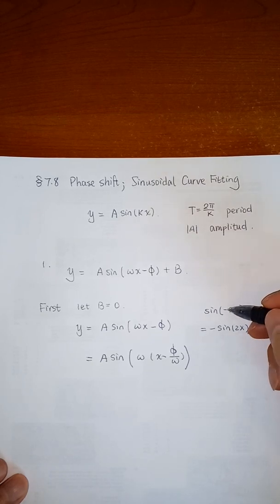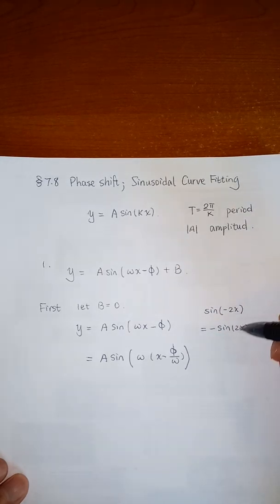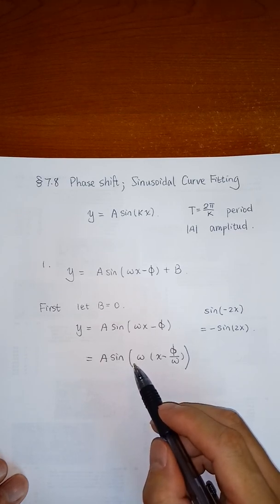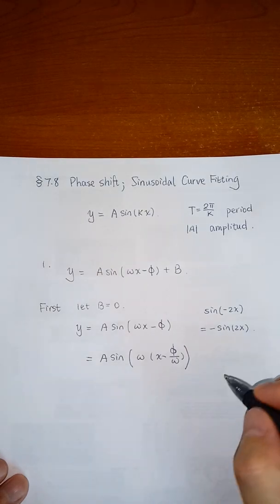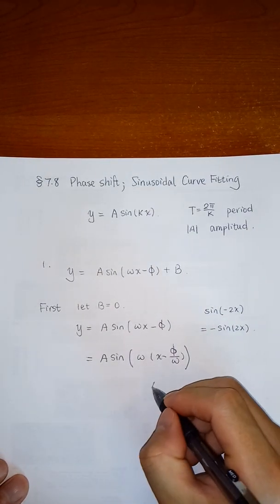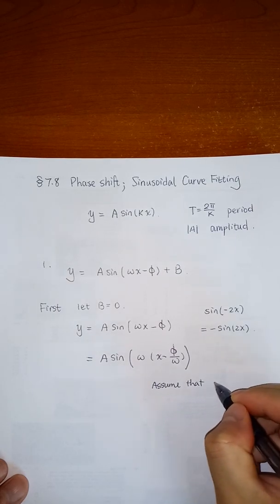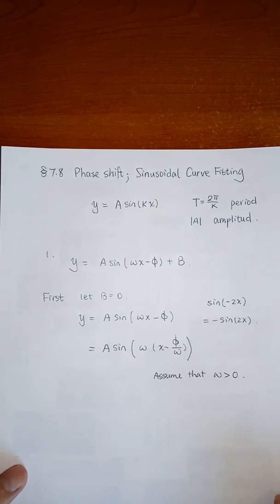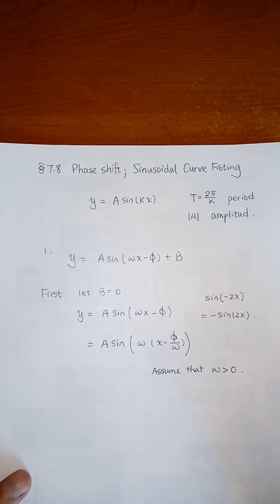Because of this property, if omega has a negative sign, we always move it forward so that omega is always positive. So here we assume omega positive. We don't handle the negative omega; you just move that negative sign forward.